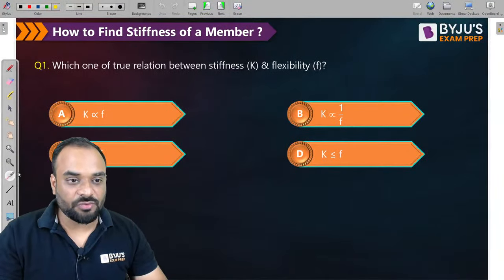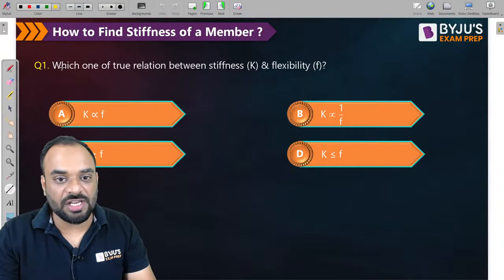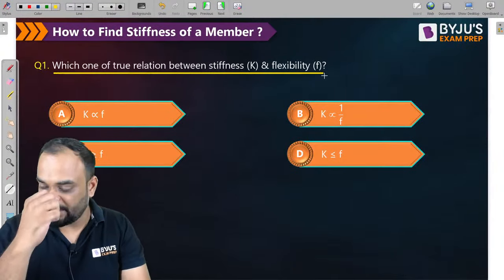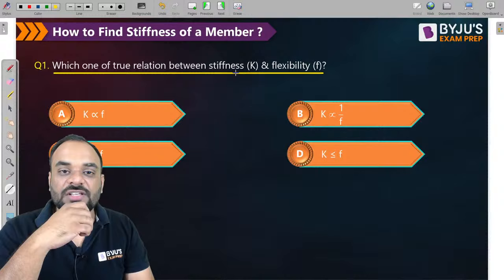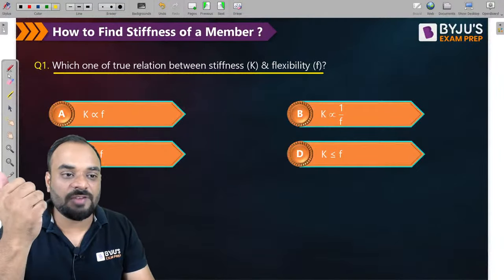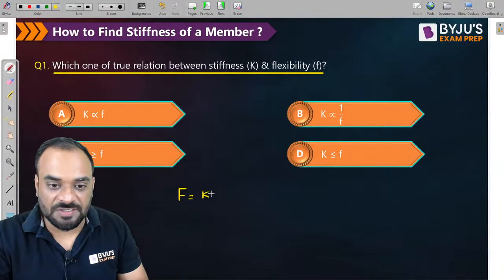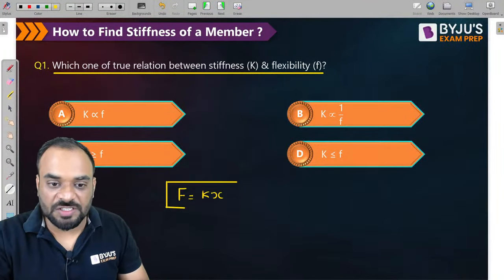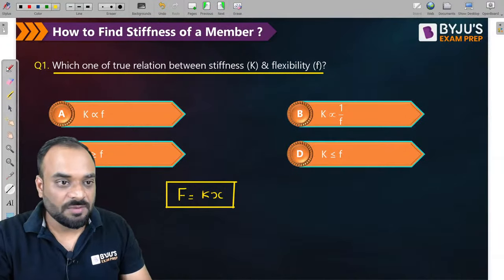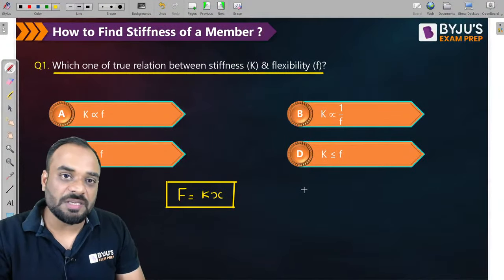Guys, there is one question: which one is the true relation between stiffness and flexibility? Now the question is, sir, I know what stiffness is, but what do you mean by flexibility? We know the relation F is equal to Kx, right? The force required to give unit displacement is known as stiffness, but flexibility is inversely proportional to stiffness.